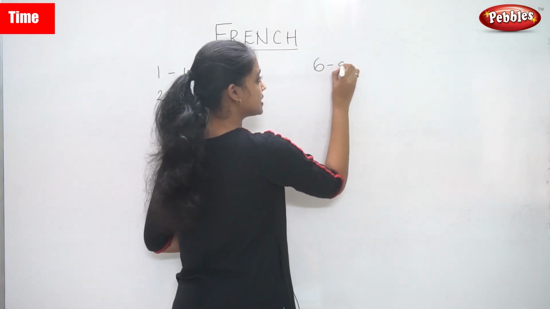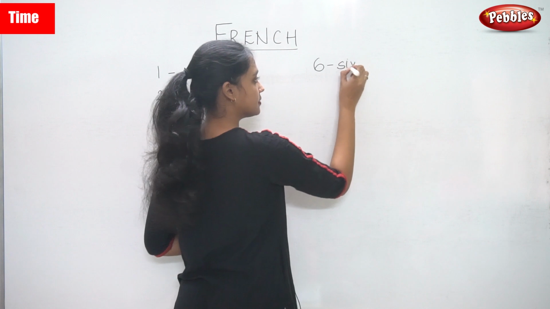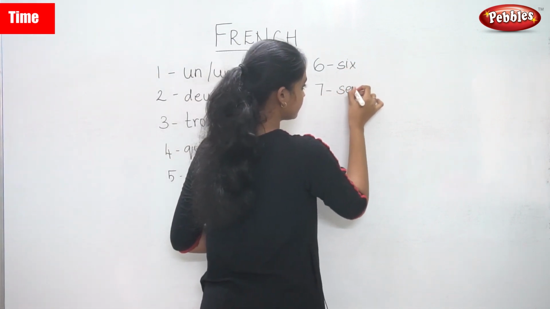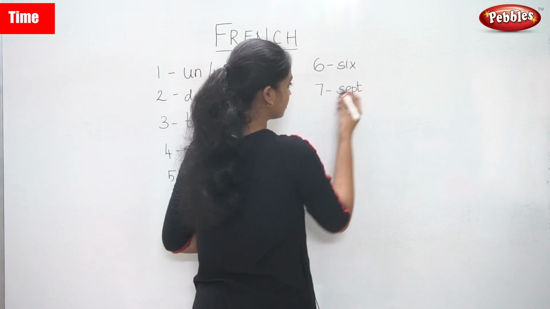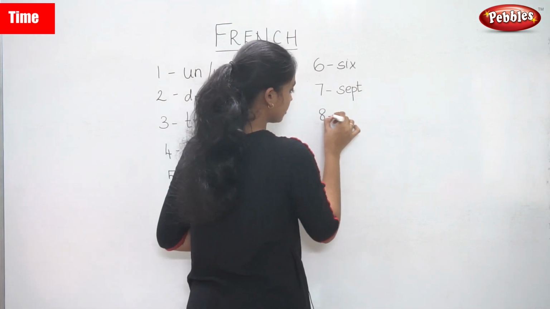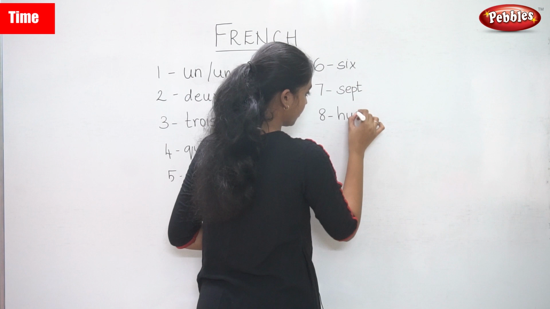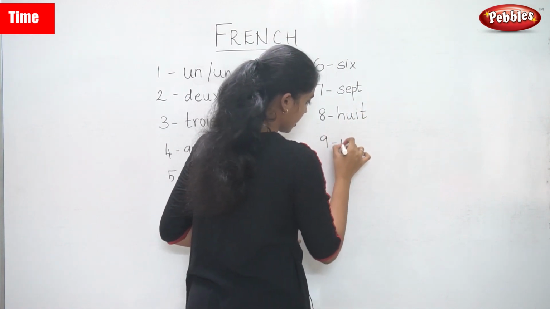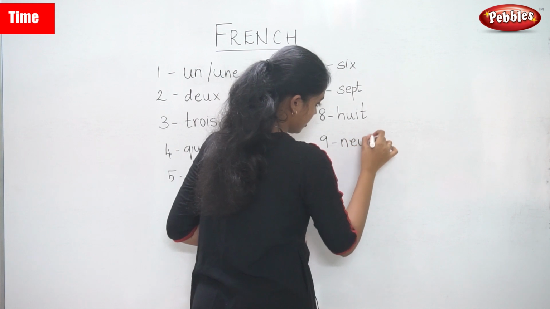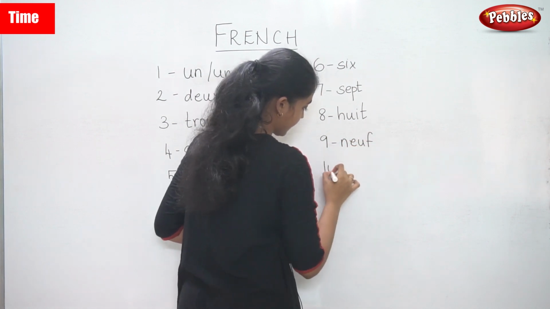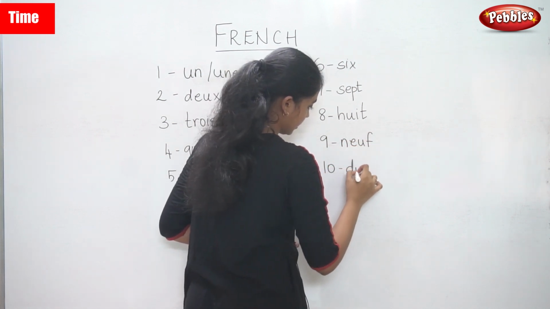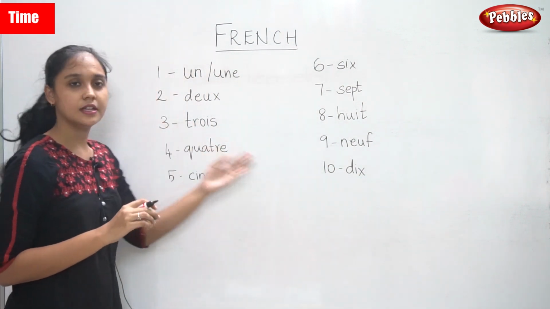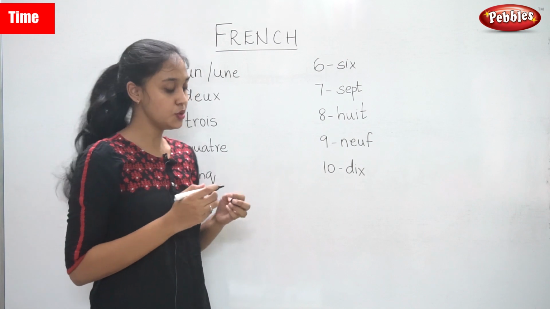6 is six. Sept. Huit. Neuf. Dix. So these are the numbers from 1 to 10.